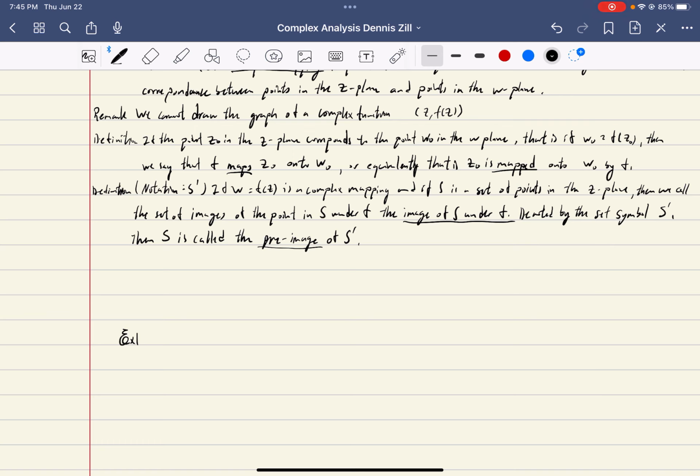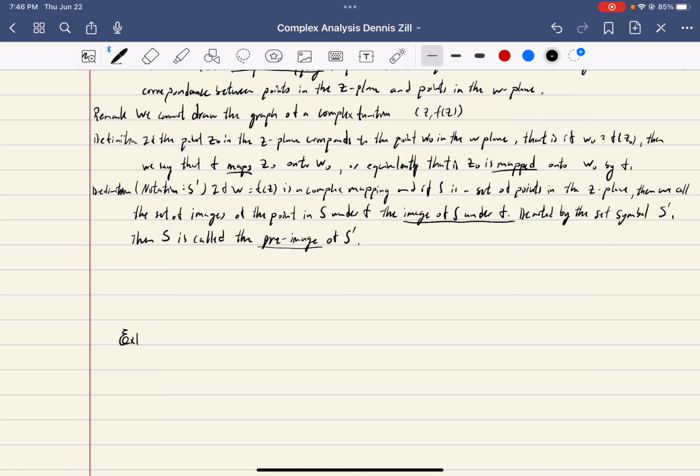Notation: if w equal to f of z is a complex mapping, and if S is a set of points in the z-plane, then the subset of images of the points in S under f is the image of S. Sorry, I can't read my handwriting.